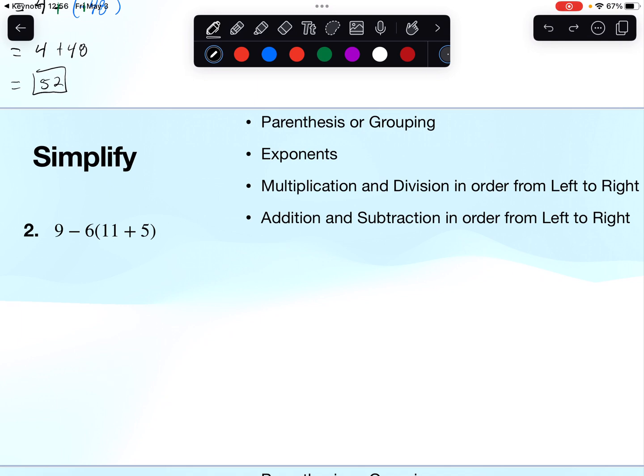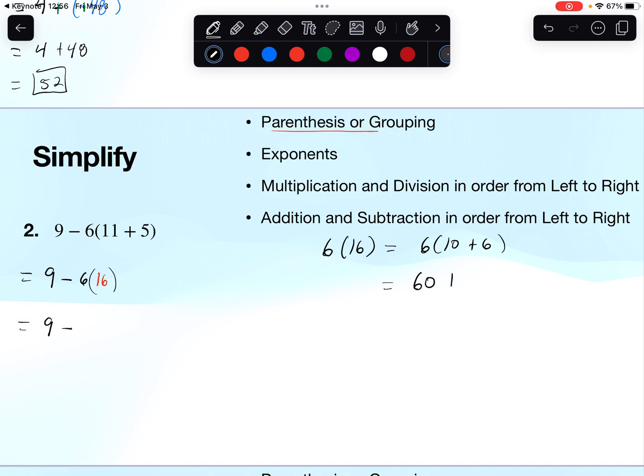Okay, so we're going to do the parentheses first, or the grouping here. So 11 plus 5 is going to be 16. So this is going to be 9 minus, and then 6 times 16. You could think of that as 6 times 10 plus 6, and you could distribute.